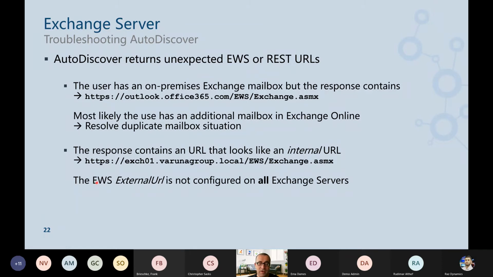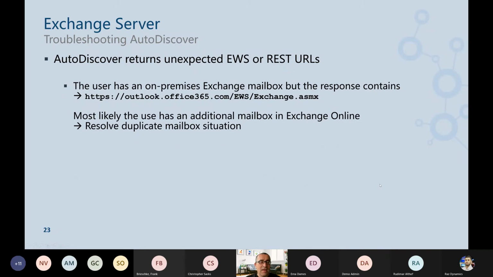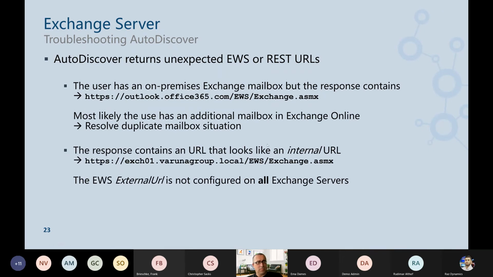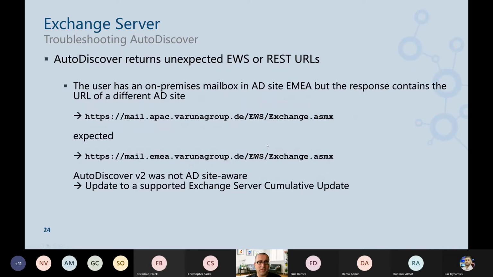In this example, I just talk about EWS. This relates to the REST endpoint as well. So it's very important that all external URL attributes are set correctly across all existing Exchange servers.